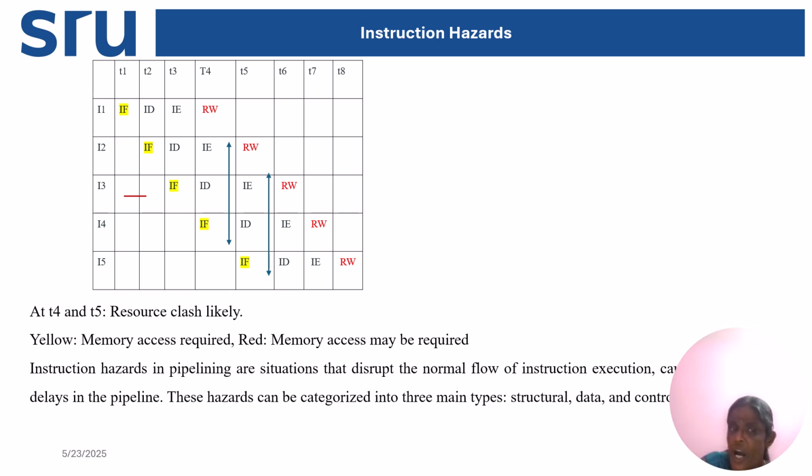Suppose if RW comes late, then it is wrong. In the same way here, decode only. Instead of decode, if instruction fetch comes or instruction execution comes, then automatically the instruction stage is wrong. Stage is wrong means instruction wrong. That is the instruction hazard.